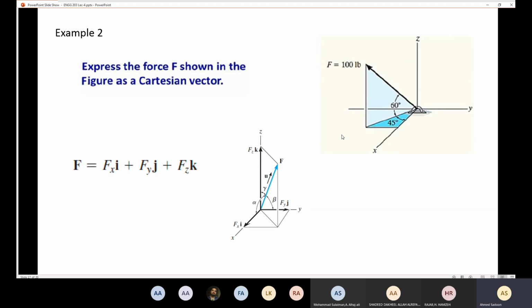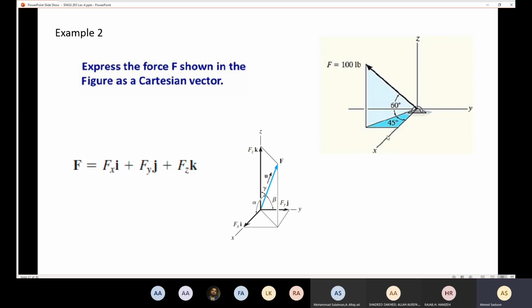So this one, I'm going to consider it as 2D. I'm going to say that I have only the axis x and axis y. And I have a force here which is equal to 100 pounds multiplied by cosine 60. I'm going to decompose the force into x and into y.